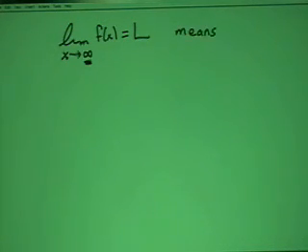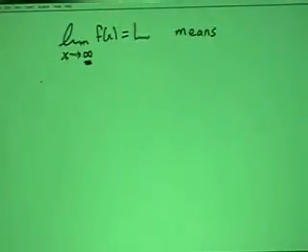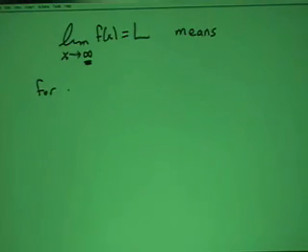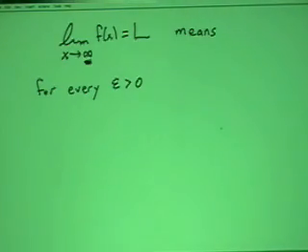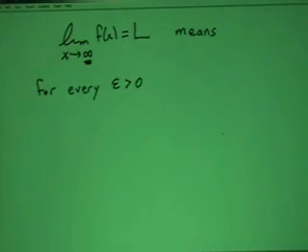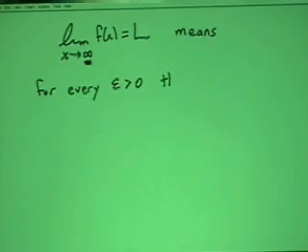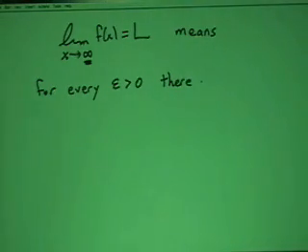This means, and we're going to start off the same way as we did before, for every epsilon bigger than 0, no matter how small. So epsilon again is a tolerance. How much error are you going to allow? This time we're going to say that for every epsilon there is a corresponding, there exists a number.